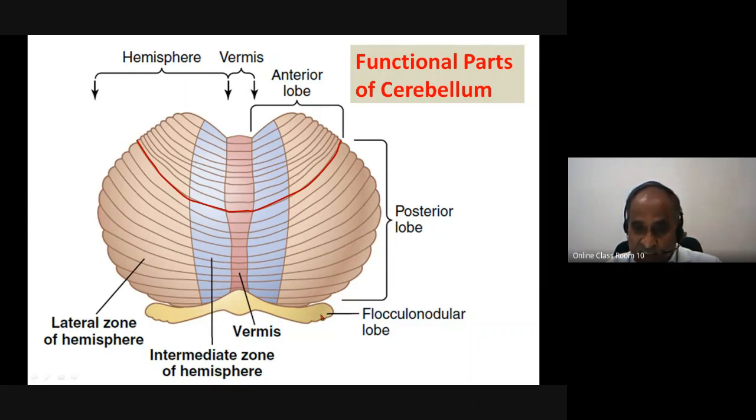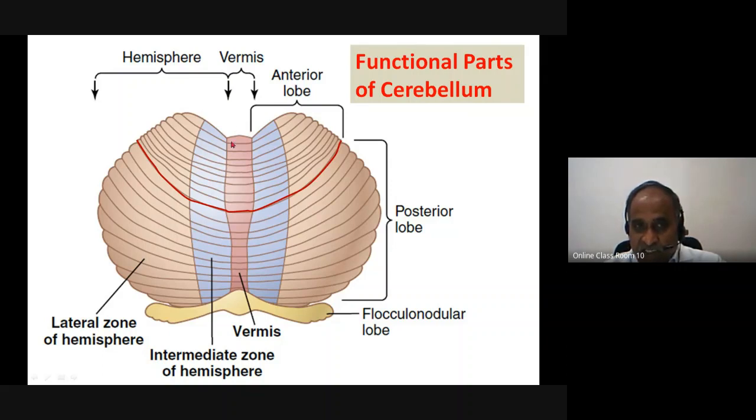Then this is the paleocerebellum, and the lateral cerebellum is the neocerebellum. Rather than playing with the words, let us be clear that the flocculonodular lobe is the vestibular cerebellum. Whatever the vestibular system performs, it performs that function.